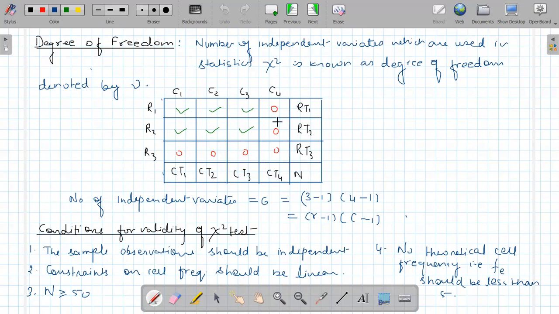So these are dependent values, dependent on these entries. And these values which are shown in green are independent.